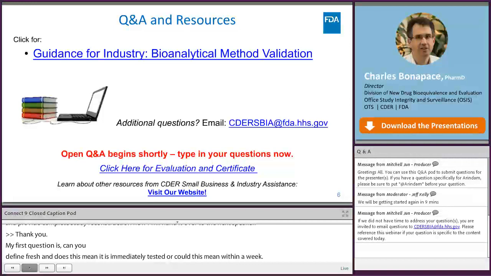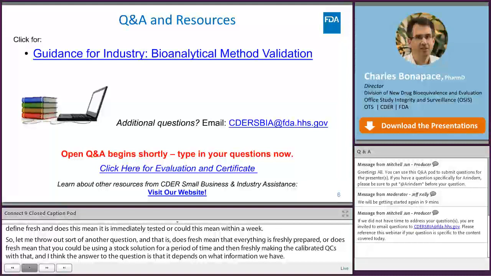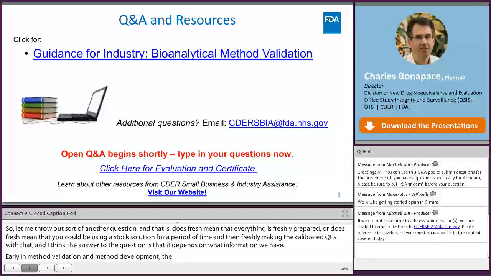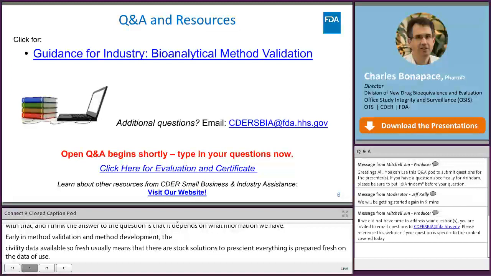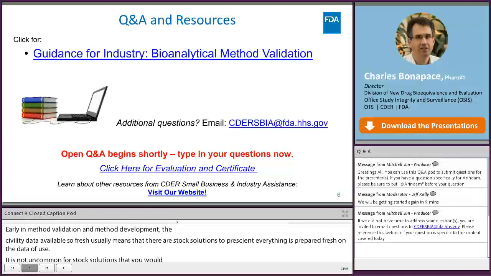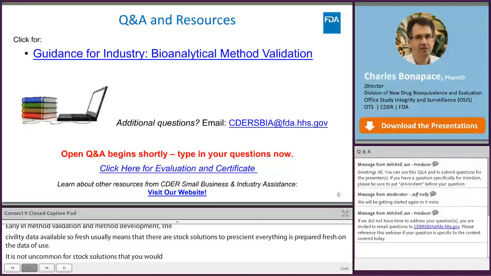Early in method validation and method development, the stability data available are limited. So fresh usually means their stock solutions are fresh and everything is prepared fresh on the day of use. It's not uncommon to have stability data for stock solutions. So potentially you can make a stock solution, know that it's good for a week, and use the same stock solution, but you don't have information about analyte stability in the matrix, and so you would be preparing them fresh on the day of use.